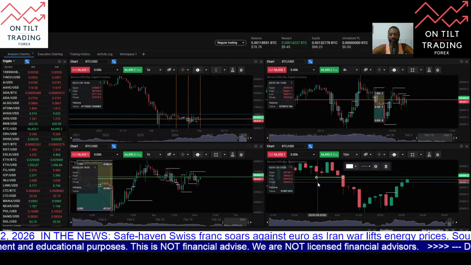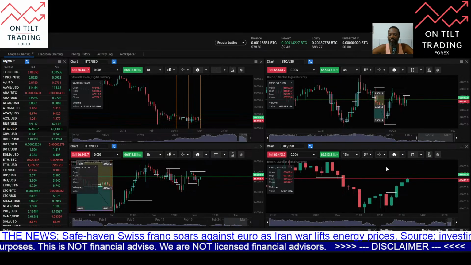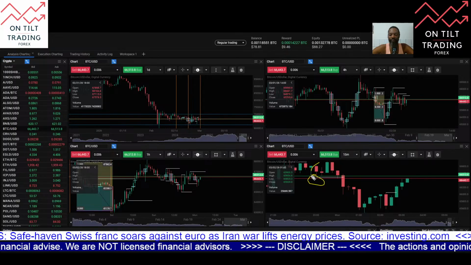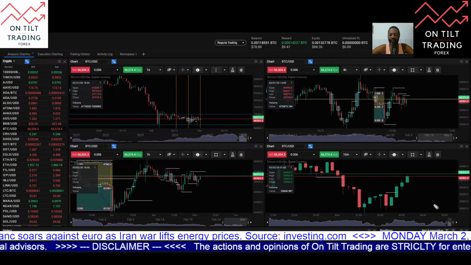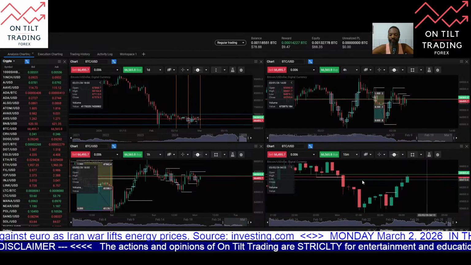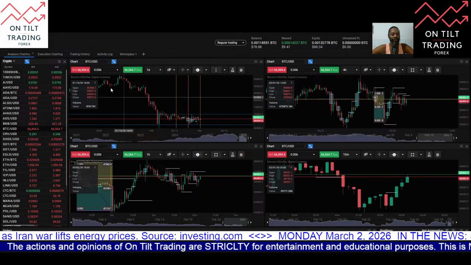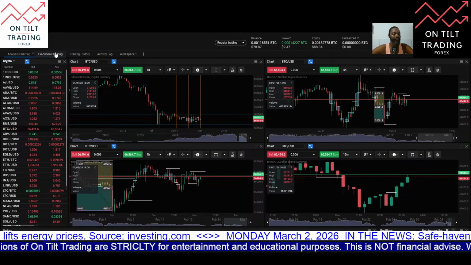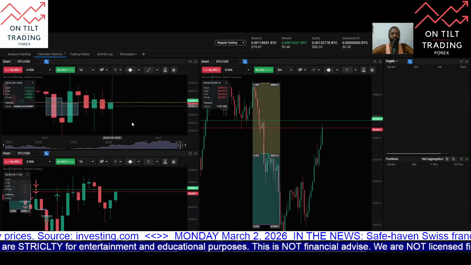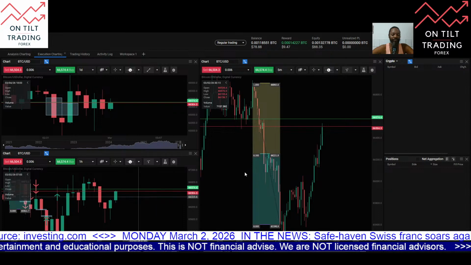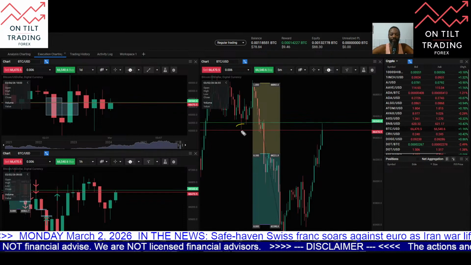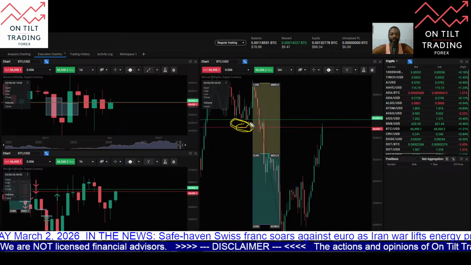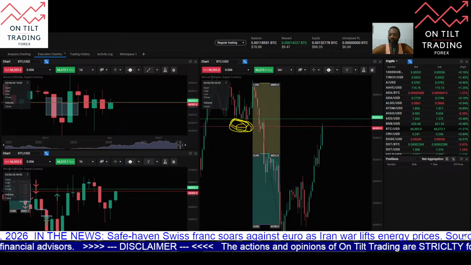Price likely looking to retest this level here on the 15-minute chart. Now we're getting a retest of that level there, which coincides with this level here on the 5-minute.